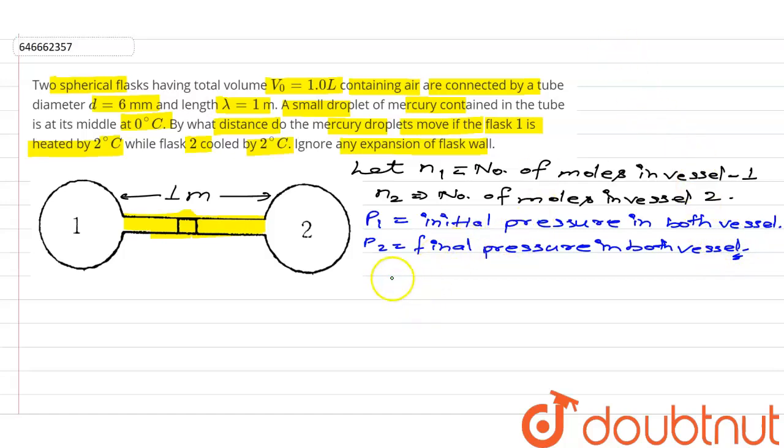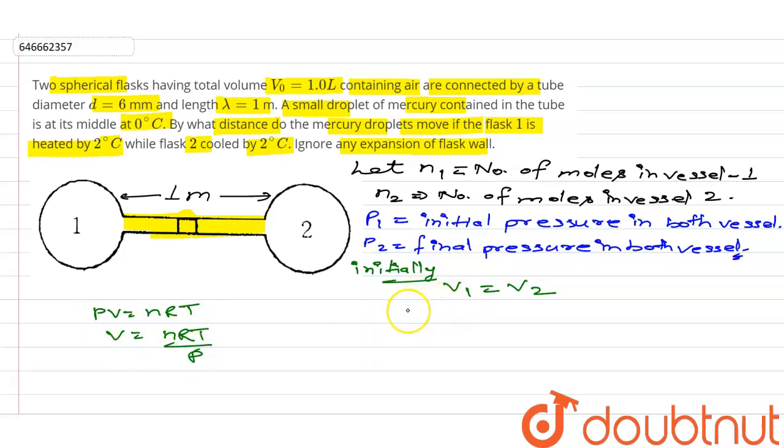So these are the conditions we must have known. Now, initially, the volume of vessel 1 is equal to the volume of vessel 2, so we can write V1 is equal to V2. By the ideal gas equation PV is equal to nRT, we can write V is equal to nRT divided by pressure.